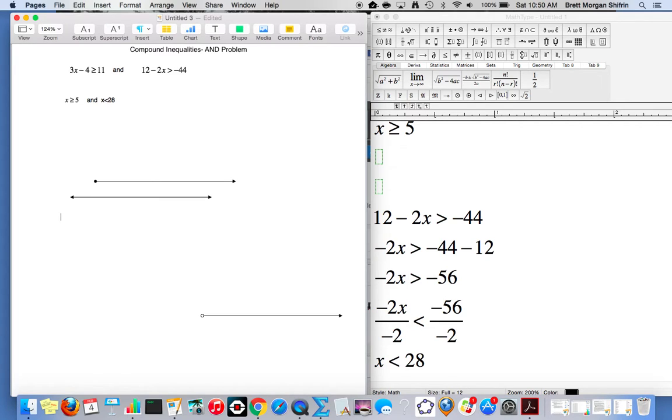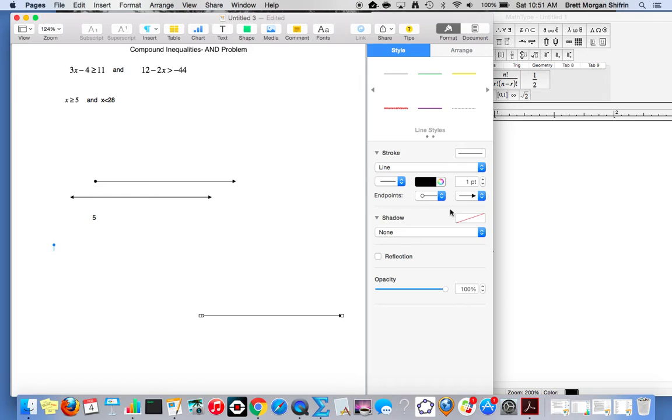Imagine that right here is my number 5, and now I'm going to look at this one, but I need some formatting help. I really want this to be open, and I want the arrow going the other way.